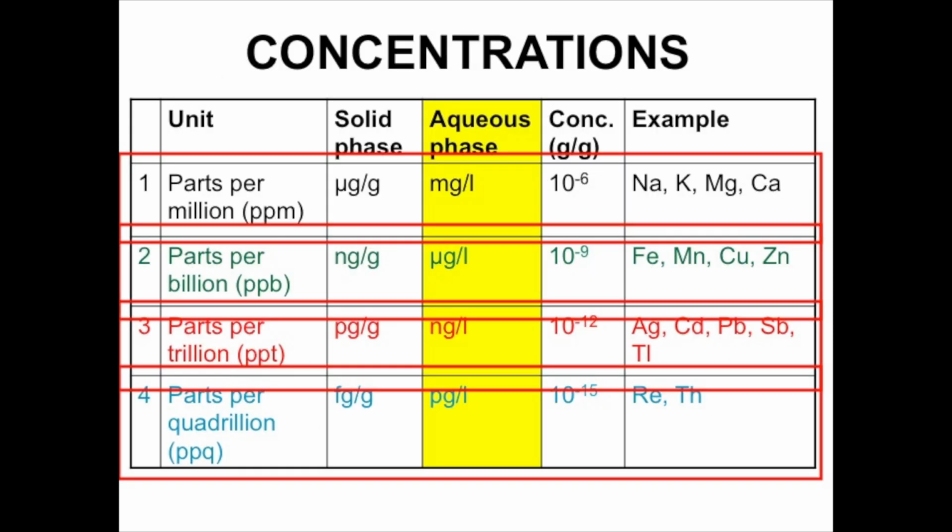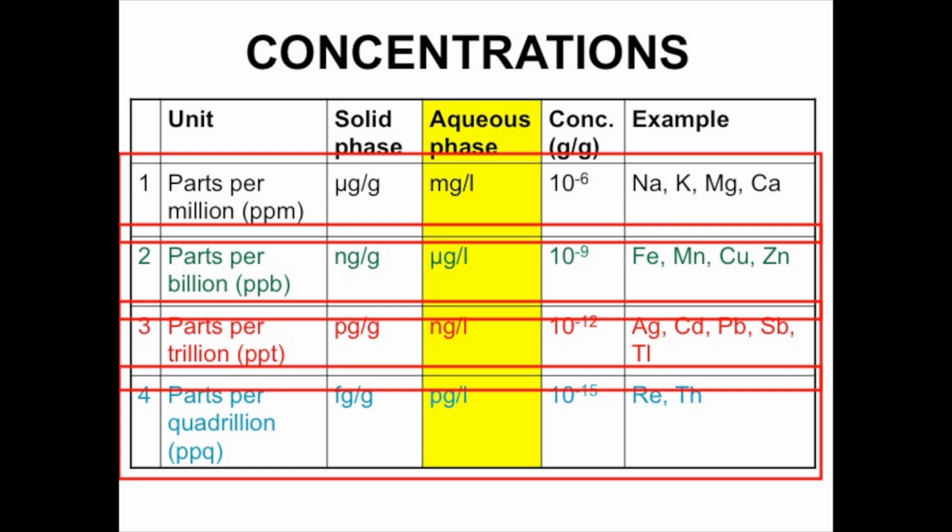The concentrations that I'll be talking about today, I've organized by category. The first is parts per million, or milligrams per liter. In water, we think of sodium, potassium, magnesium, and calcium in this concentration range. Then parts per billion, which is micrograms per liter: iron and manganese, possibly copper and zinc.